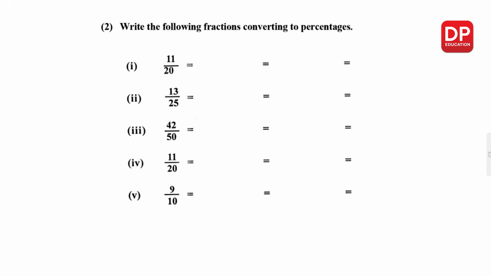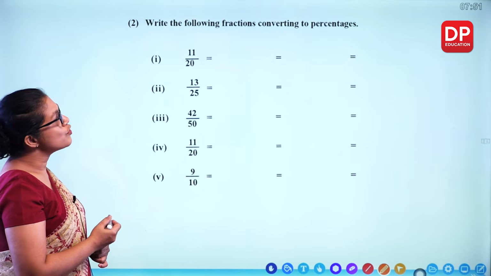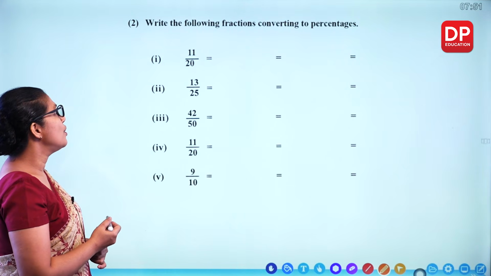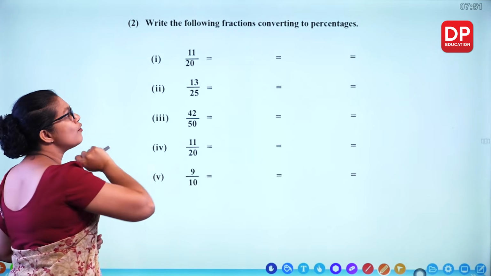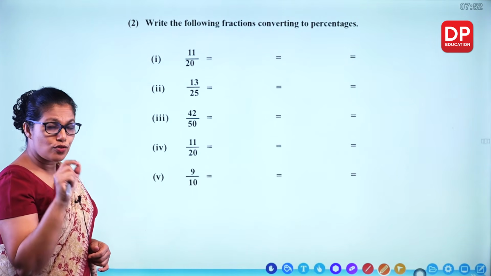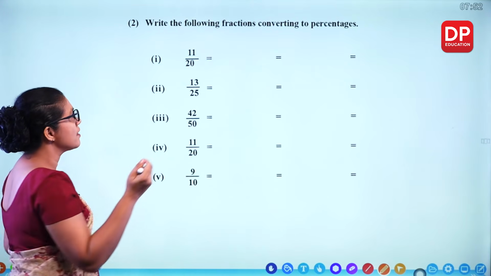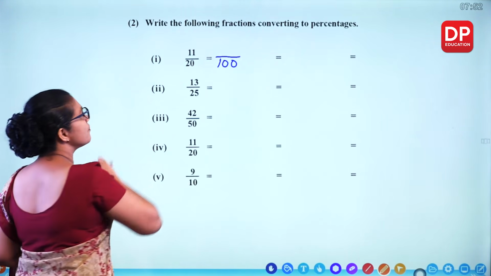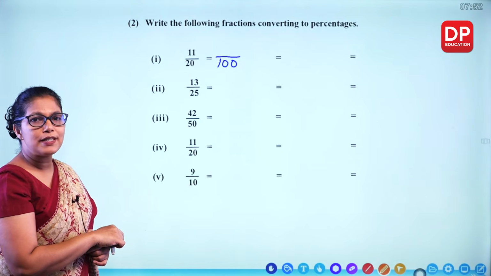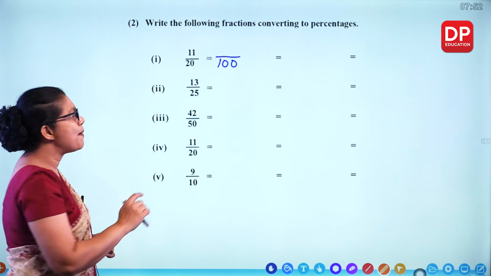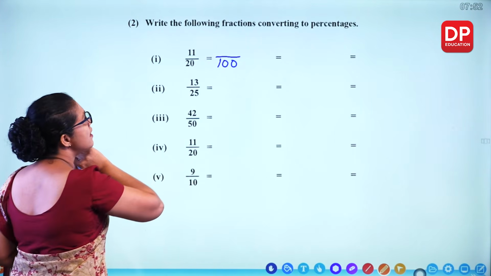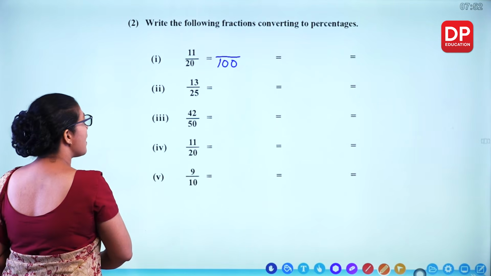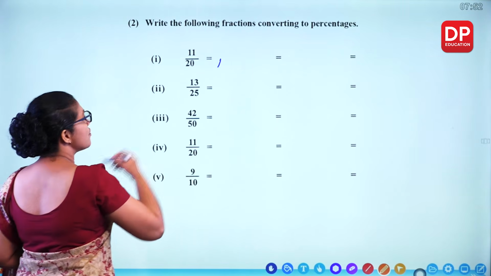Question number 2. Write the following fractions converting to percentages. So what can we do? Here the denominator is not 100 now, so you have to find the equivalent fraction. How do we do that, converting to 100? You need to multiply by 5, and you do the same thing to the numerator.